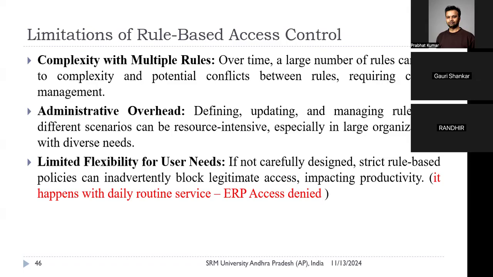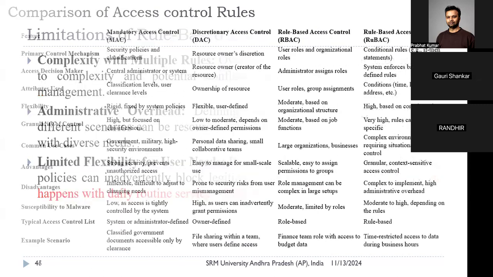Sometimes it is a limited flexibility for the user, because sometimes the user gets frustrated also. These rules are set by the admin. Today it is set, tomorrow they have removed a particular rule. Now, due to that rule, you are unable to access the resource. So that is also one of the limitations of this rule-based access control model.